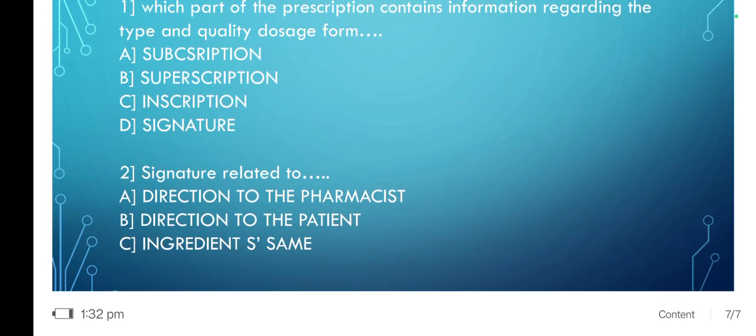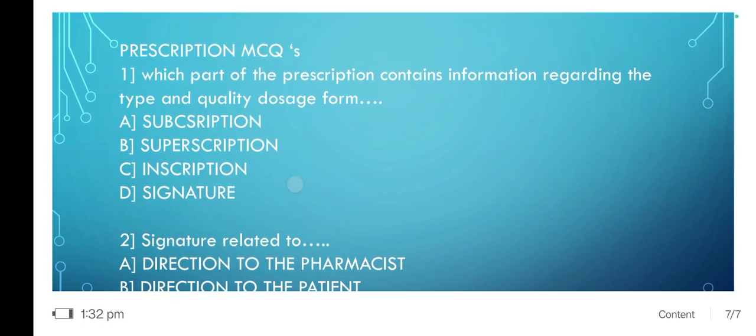Second one, signature is related to: Option A, direction to the pharmacist. Option B, direction to the patient. Option C, ingredients. Can anyone answer? Please comment in the comment box.